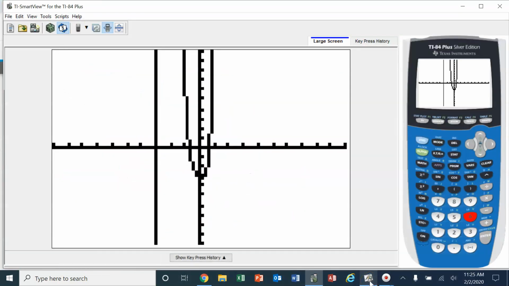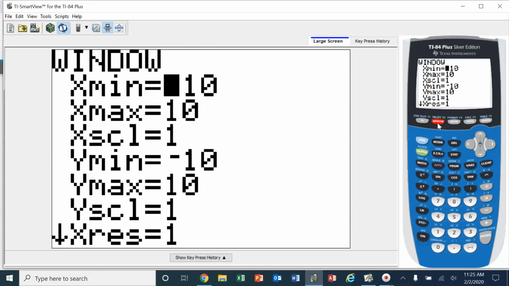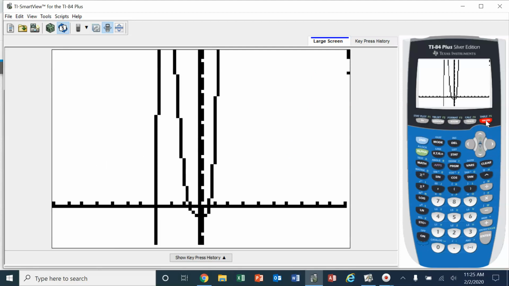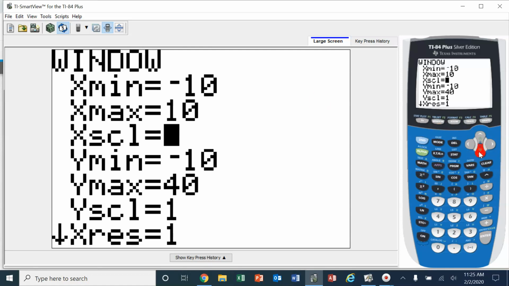All right, so my maximum is, I don't see it, so I'm going to change my y maximum. Let's just jump to 40 right away and see if that works. Oh, wow, 40 is not enough. Okay, so I'm going to jump my y maximum to 60.